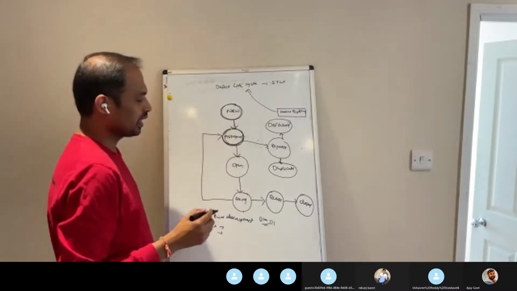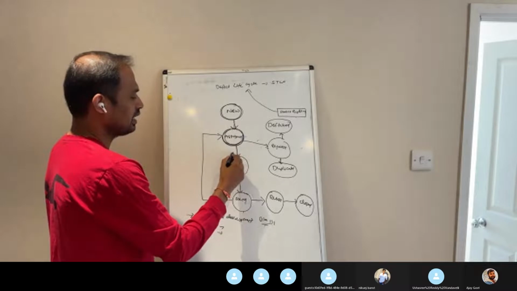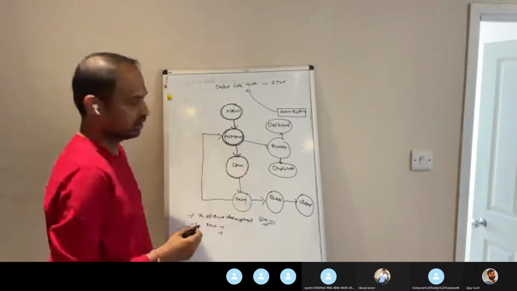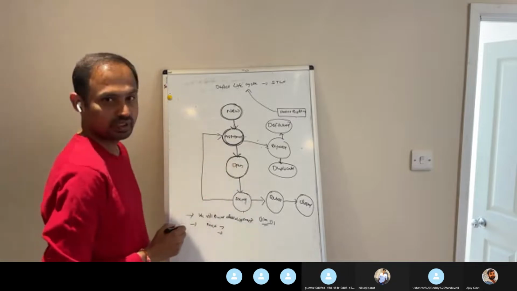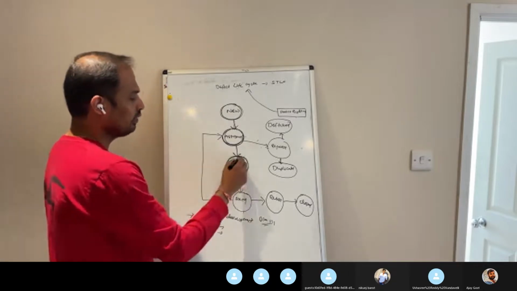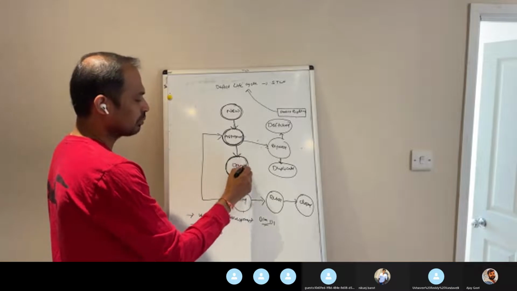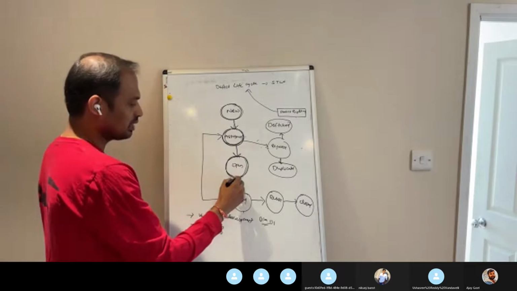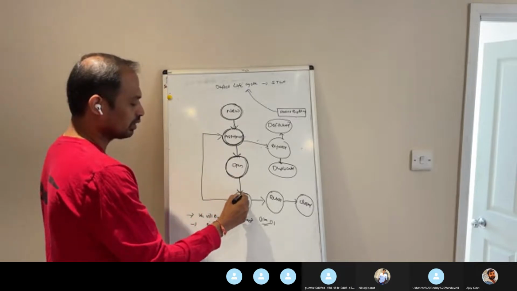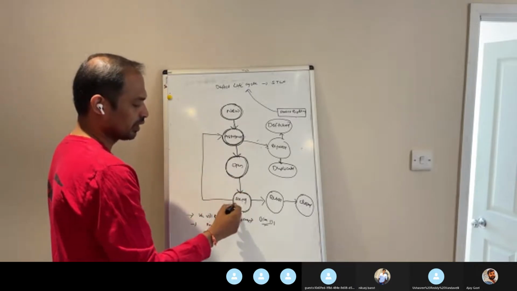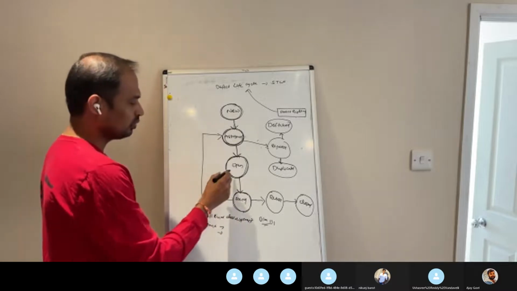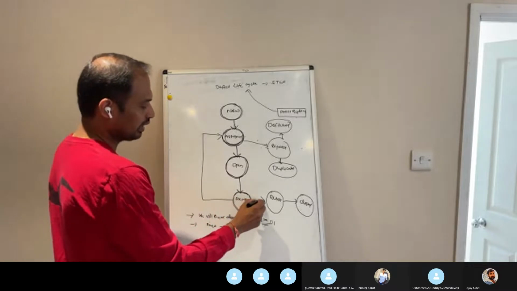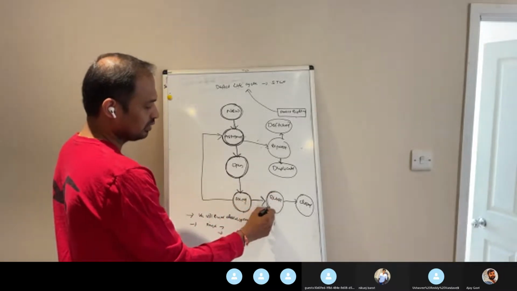Once it is assigned to a particular developer, and the developer picks up the defect to fix it, he will move it to the open state. If it is in the open state, that particular developer is working on that defect. Once that is fixed, he will move it from open to fixed state. Then we'll start retesting it.